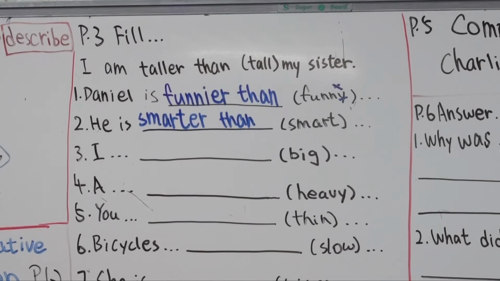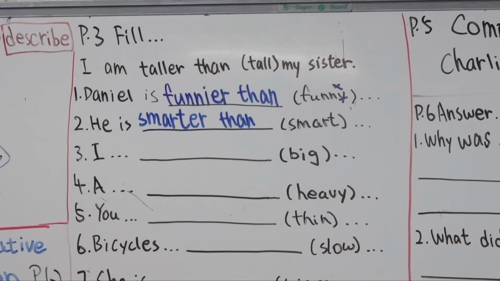Do we say "I want to have a bigger than car"? So this person is comparing the car he has and the car he wants to have, right? But in this sentence, we don't have to add "than", okay? Instead, we just write, I want to have a bigger car, okay?